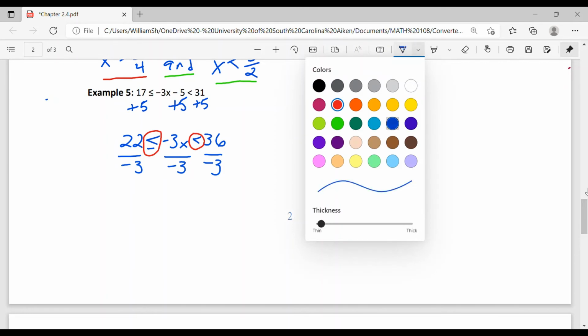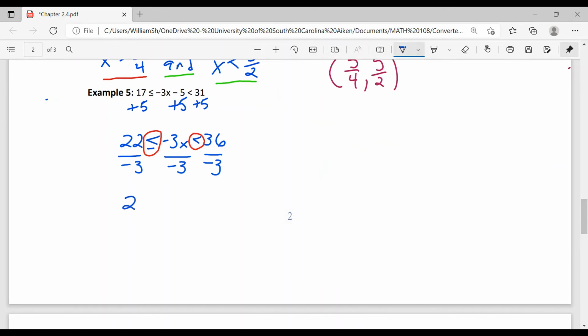Very important to remember that. Now, what that does for us is that changes it to 22 over negative 3 is greater than or equal to x is greater than. Now, 36 divided by negative 3, you should be able to simplify that into a negative 12.